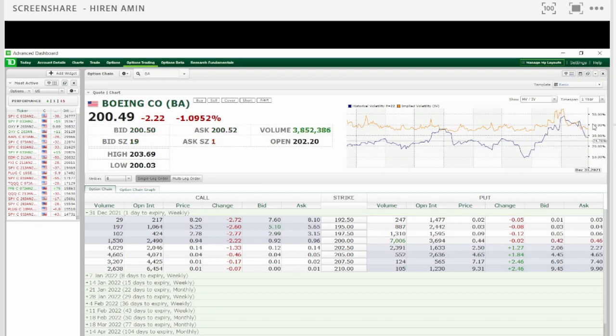Right now, if we look at Boeing, implied volatility suggests about 35% volatility. When you're interpreting this, it's telling you the predicted price range of where the stock may go. It may go up 35%, or it may go down 35%, is what it's looking at when we look at implied volatility.